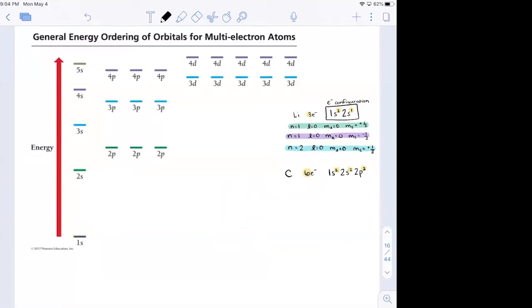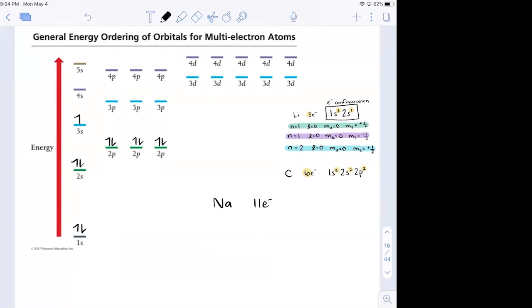Let's go to sodium. Sodium on the periodic table has 11 electrons. Start at the bottom, work our way up. 1, 2, 3, 4, 5, 6, 7, 8, 9, 10, 11. Notice how I completed the 2p orbitals after I put 1 in each.